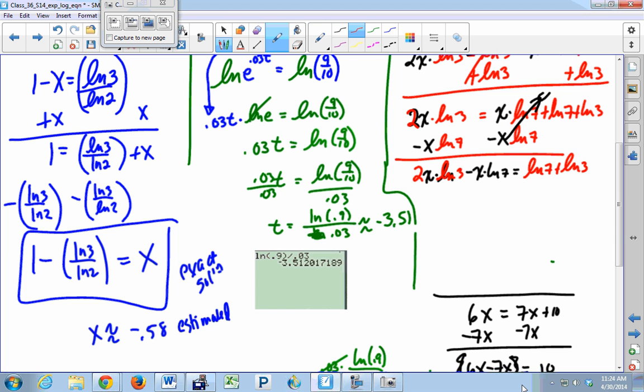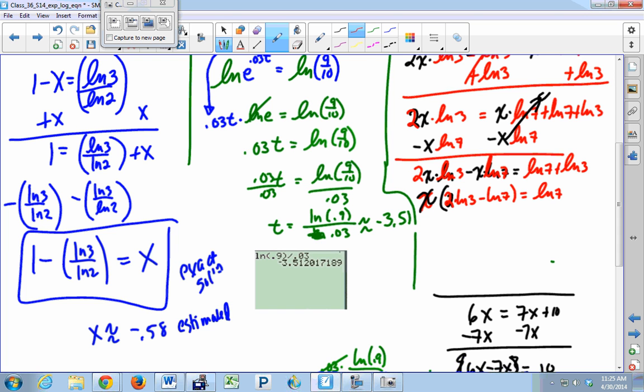That sounds a little rough to do, but really you're pulling the x out, you're factoring it. If you pull your x out, what do you have left inside? You have 2 times the natural log of 3, and when you pull the x out of here, you have natural log of 7.